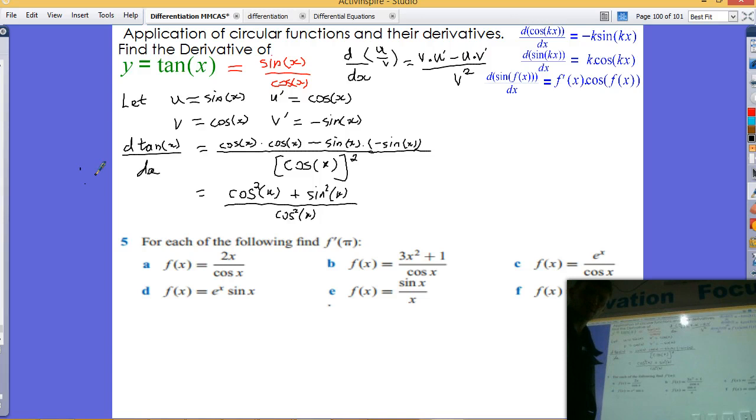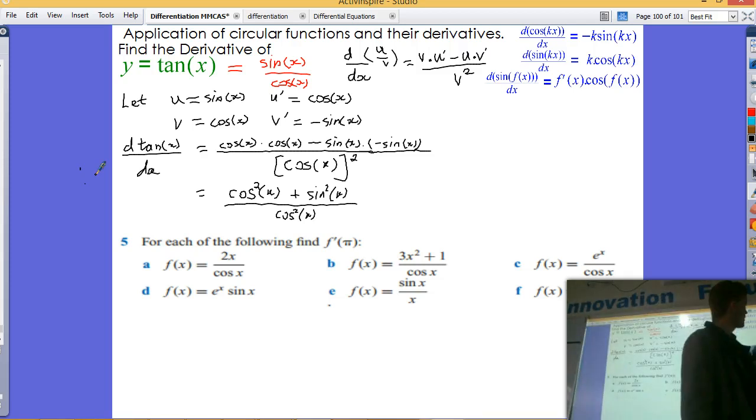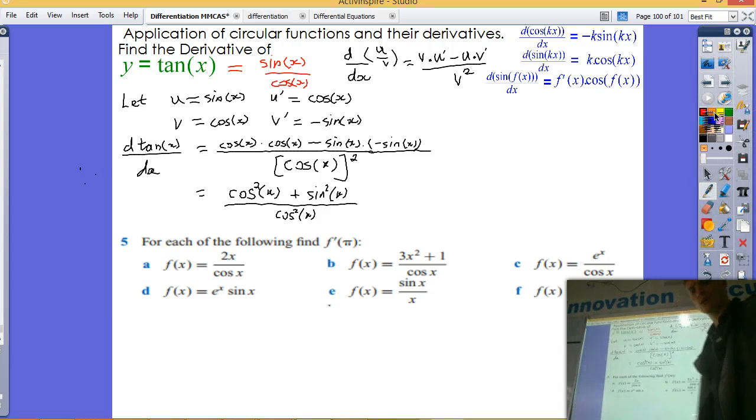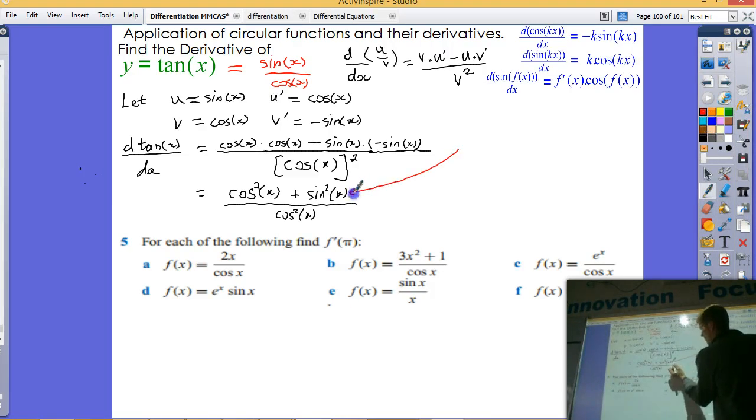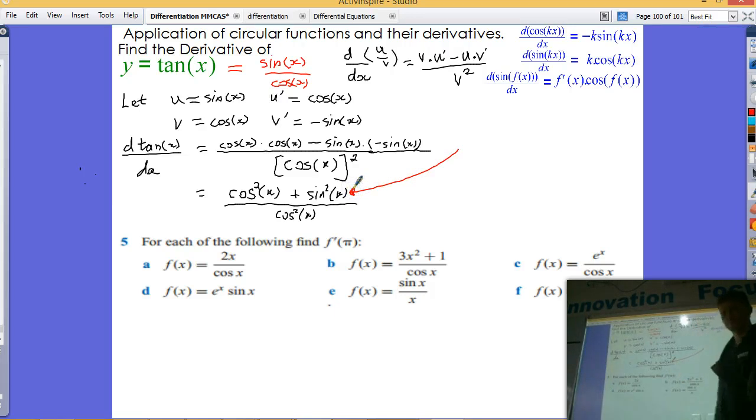Is that as simple as we can get it, though? That's the question. It doesn't look very straightforward, but then again, I'm going to draw on an idea about sine and cos terms and come up with an equivalent value for this one. Okay?